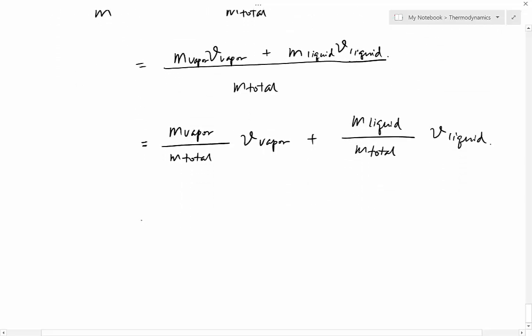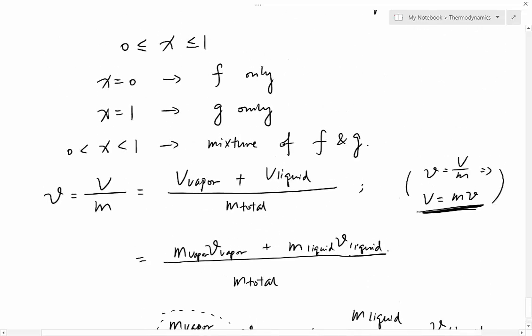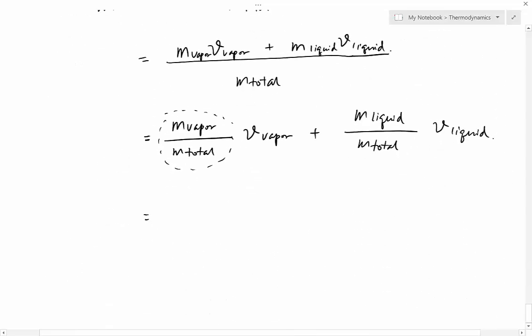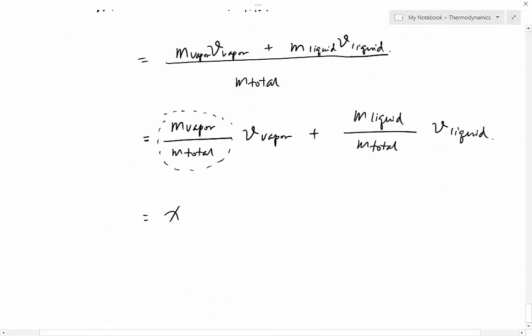Okay, so now let's continue. What is mass of vapor divided by total mass? If you forgot, you can go back. What is this? Vapor mass divided by total mass, that is the definition of quality. So this term just becomes quality.